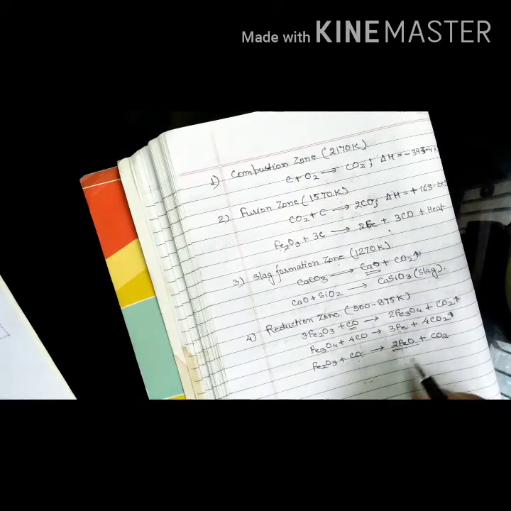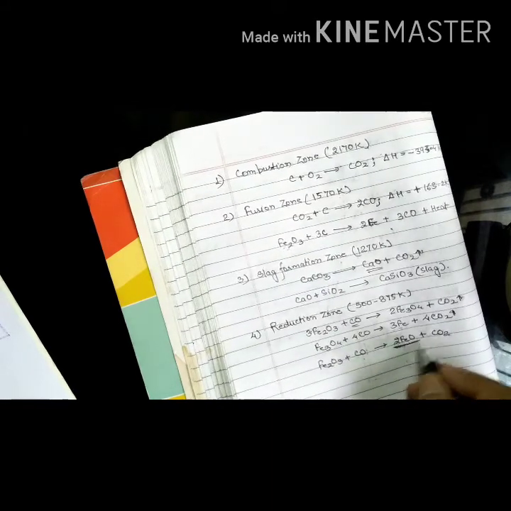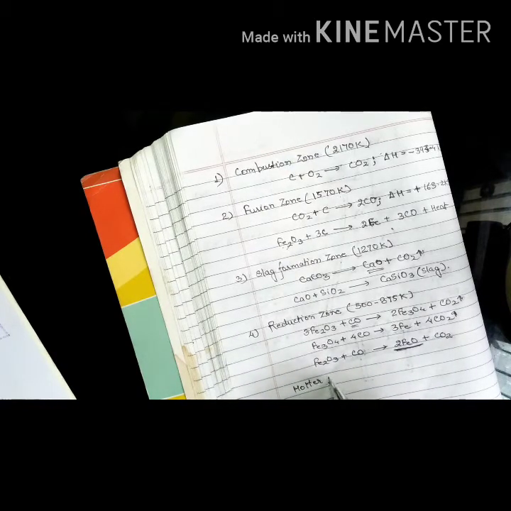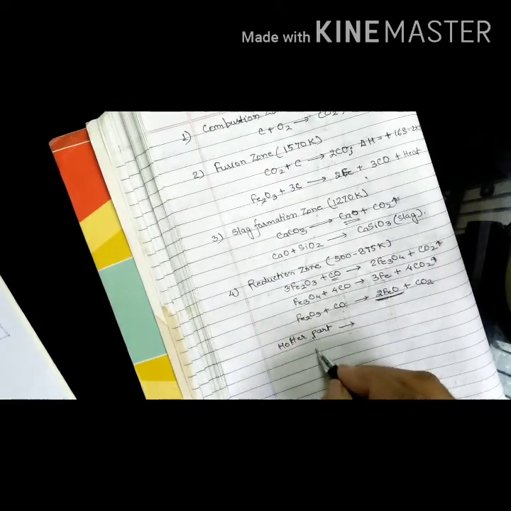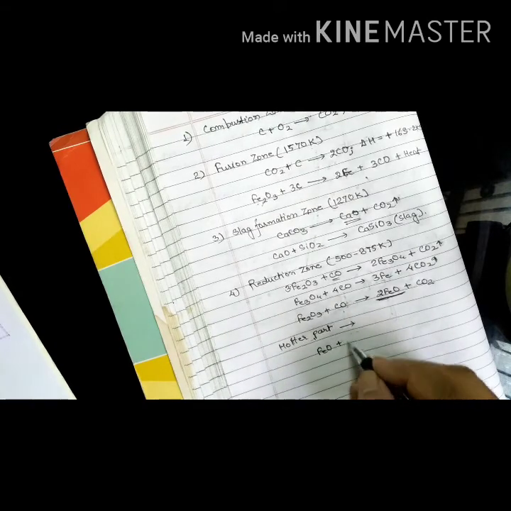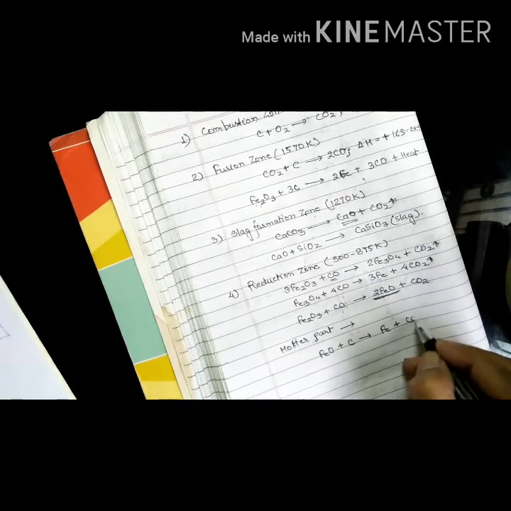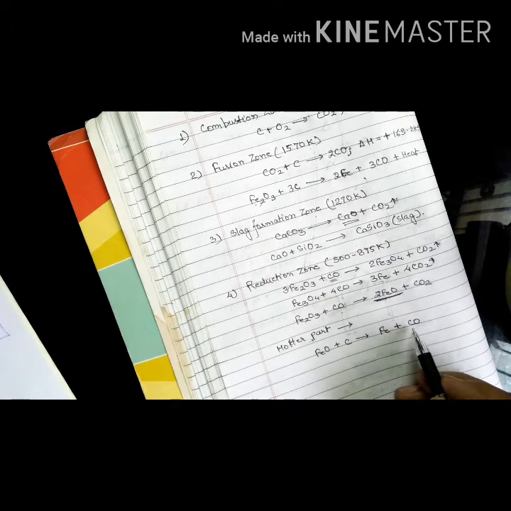So the spongy iron produced moves down slowly and melts in the fusion zone. At the lower hotter part, the main reaction is that FeO is reduced to form Fe and CO. So it dissolves some carbon, phosphorus and manganese.